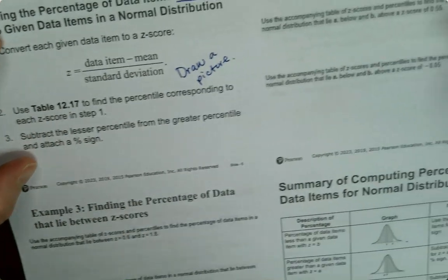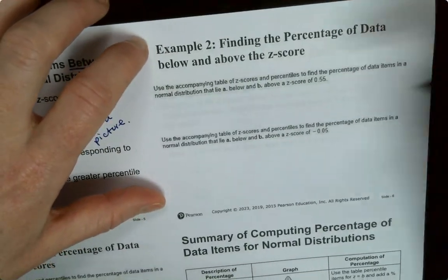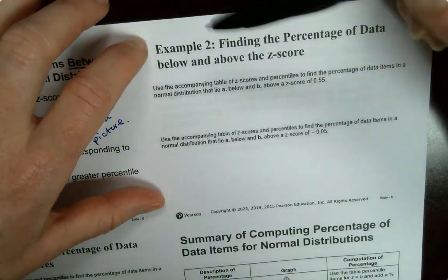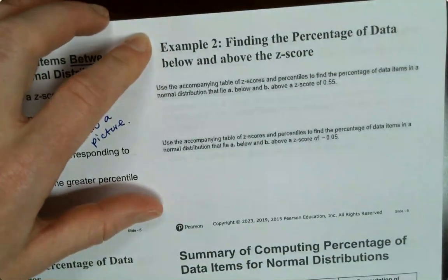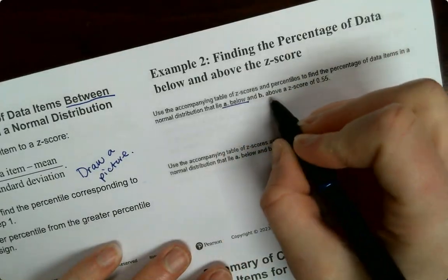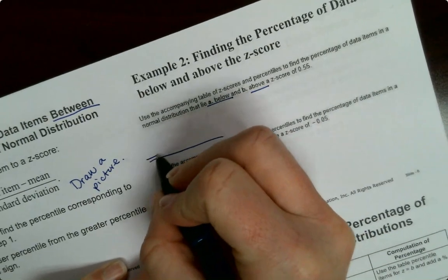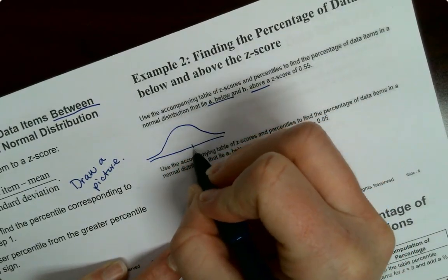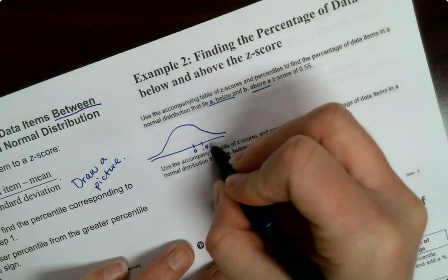So this is between. We're going to do above and below first, though. And these already give us the z-score. Use the accompanying table of z-scores and percentiles to find the percentage of data in a normal distribution that lie below and above 0.55. So if you have your normal distribution, you know 0 is here, so 0.55 would be here.